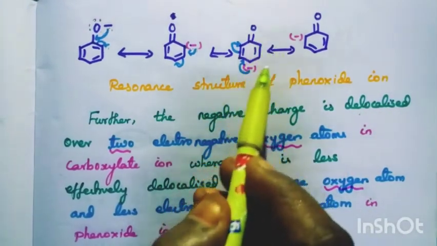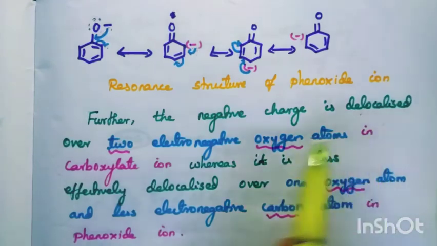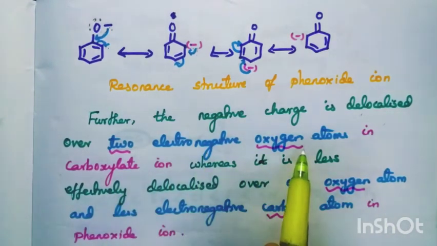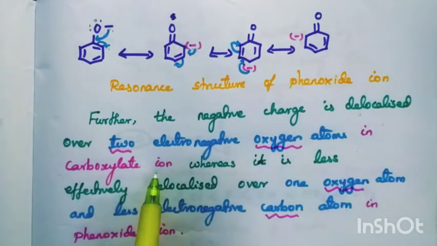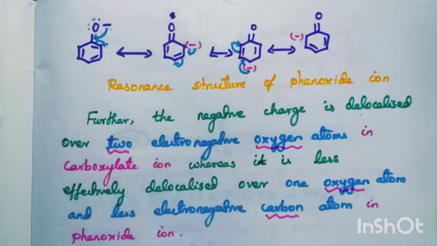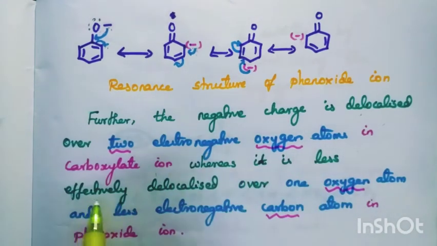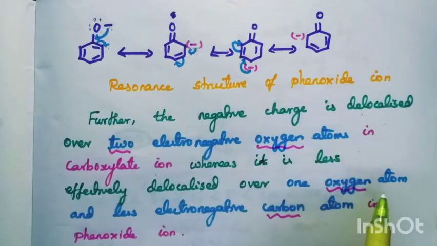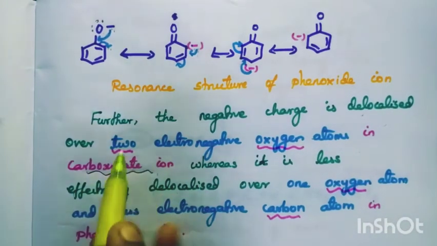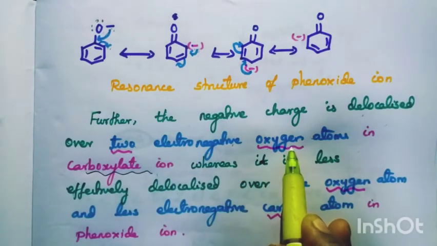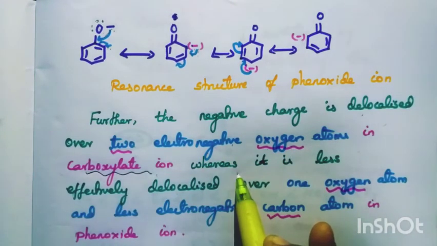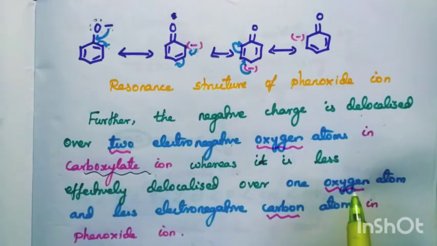Delocalized means over all the carbon atoms. And there are 2 electronegative oxygen atoms in the carboxylate ion, whereas it is less effectively delocalized over 1 oxygen atom. What is that? In carboxylate ion, 2 electronegative oxygens. But in phenol, 1 oxygen atom and carbon.